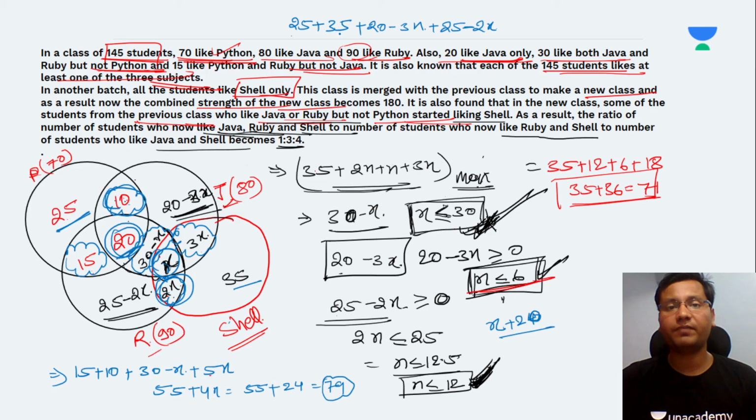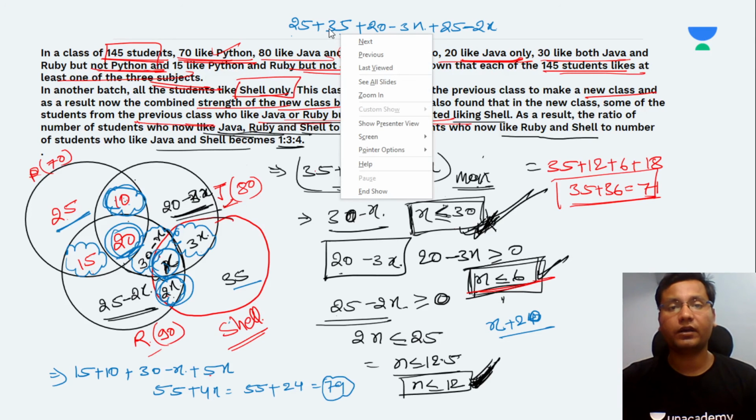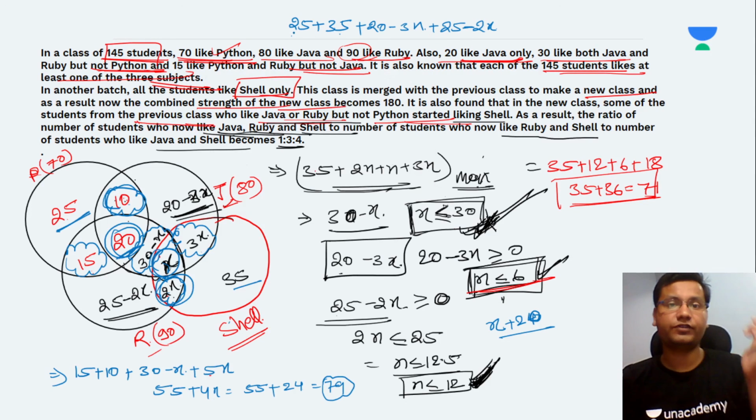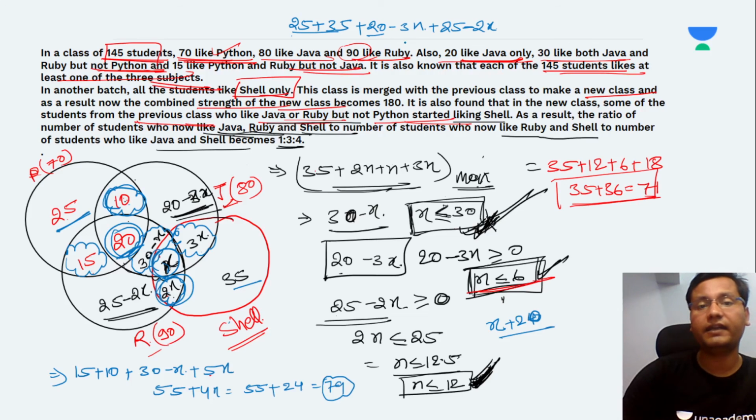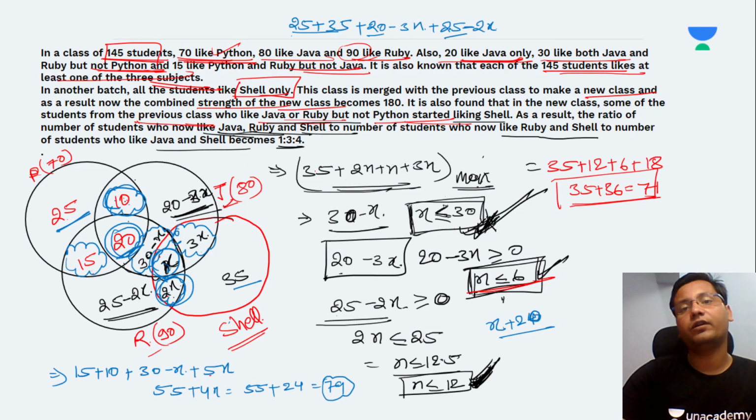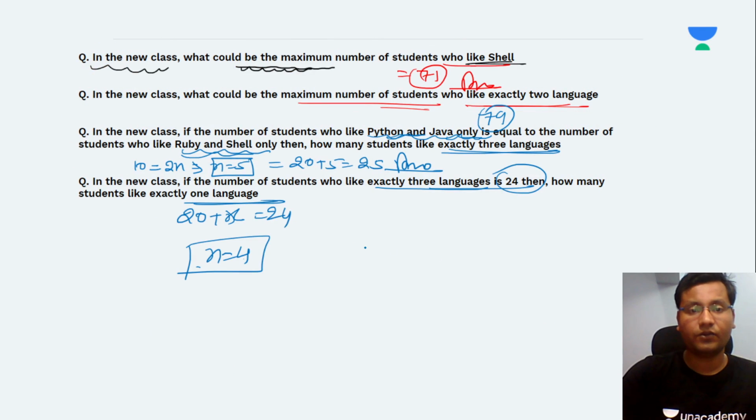So this is 25 plus 35, that is equal to 60, or 20, 80, or 105. 105. So this is 105 minus 5x, and x is equal to 4, so that is 105 minus 20. So the answer will be how much?